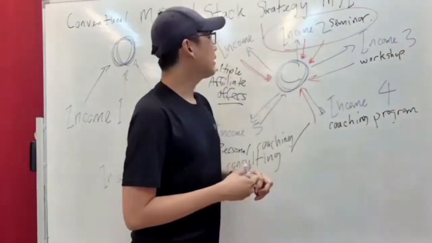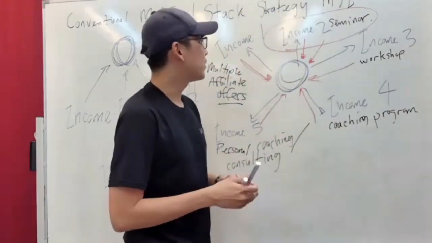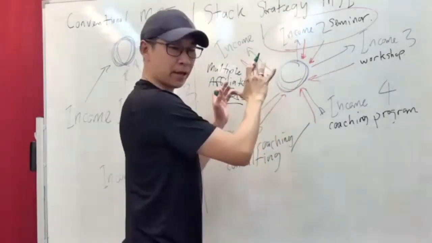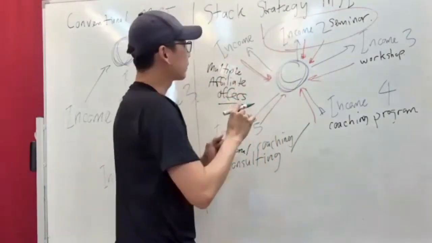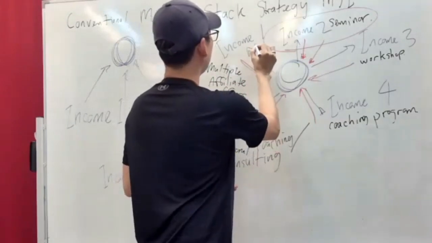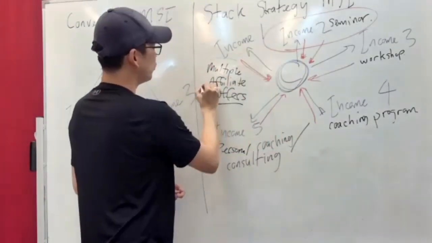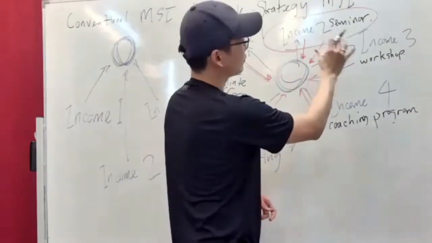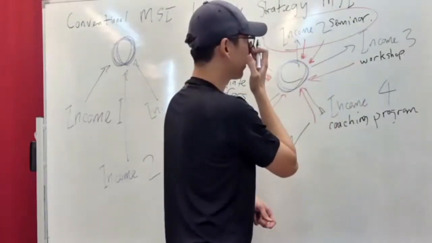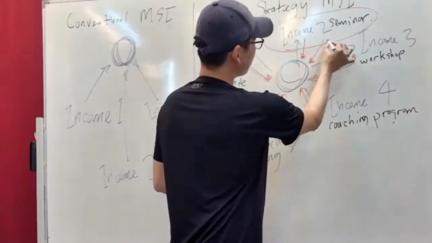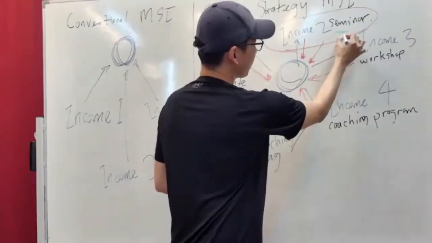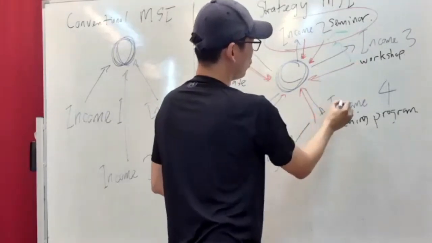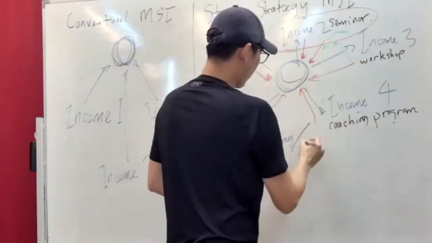Now, the second stacking that comes in the picture is that all of them could be helping each other at the same time. This is a bit unique because this is promoting affiliate offers. But if it's your own income streams, this seminar audience, you could promote workshops to them. You could promote a coaching program to them.